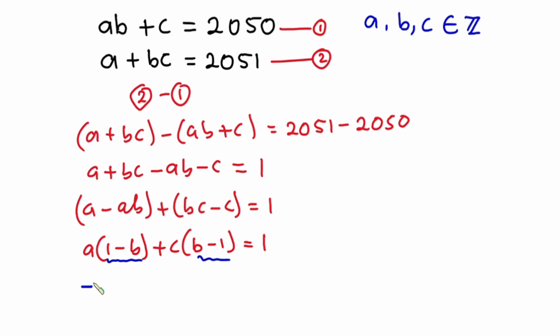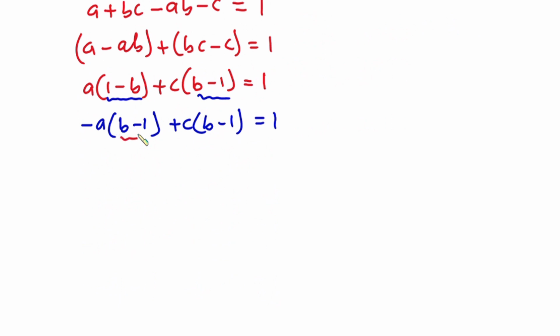We have minus a here, then times (b minus 1), then here we have c times (b minus 1), and this is equal to 1. Now you see we have b minus 1, so let's factor it. We have (b minus 1), we are left with minus a here and then c here, so this could also be written as (c minus a), and this is equal to 1.